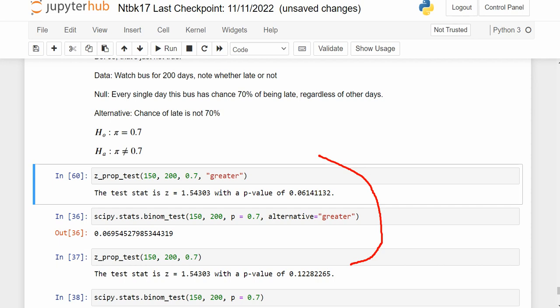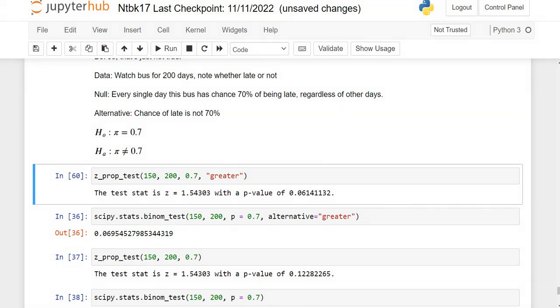Well, we did these with the binomial test earlier. So you can compare the p-values, right? So the p-value of 0.06954 compared to a p-value of 0.0614. Okay, are they identical? No. But they're a lot closer. The z-test and the binomial test p-values will be a lot more accurate than the chi-squared.